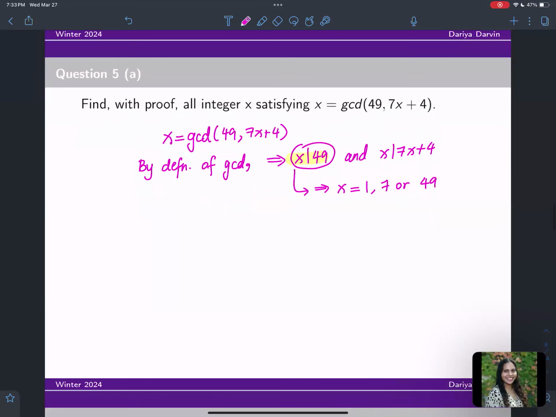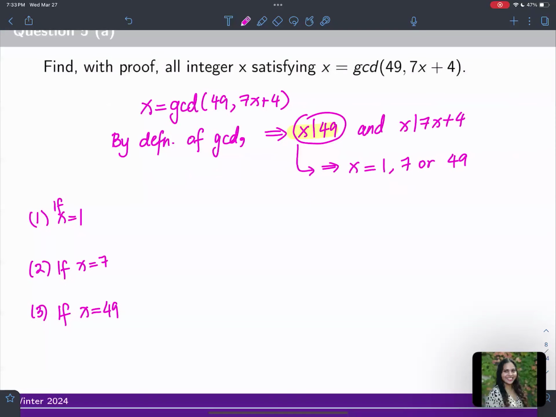So you can see how we went from a very vague question to only 3 cases. Case 1, x equals 1. Case 2, x equals 7. And case 3, x equals 49. Just knowing the definition is what led you to these cases.